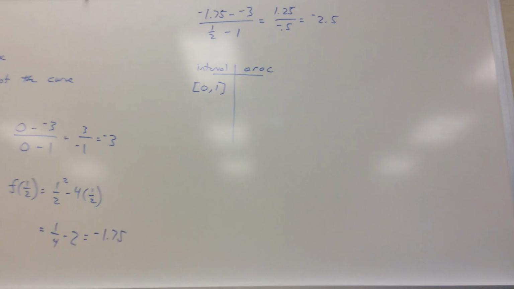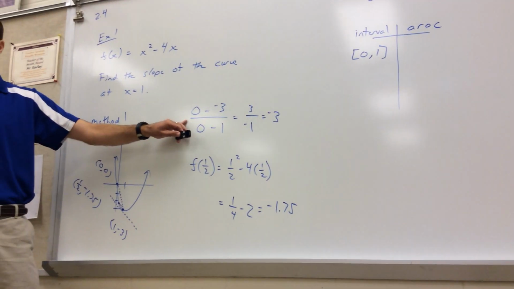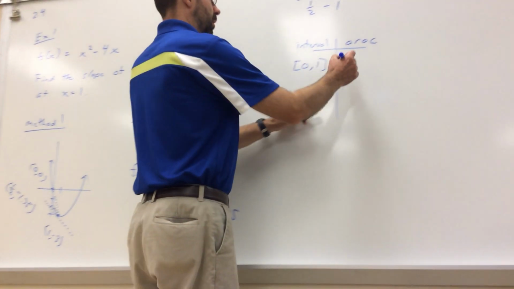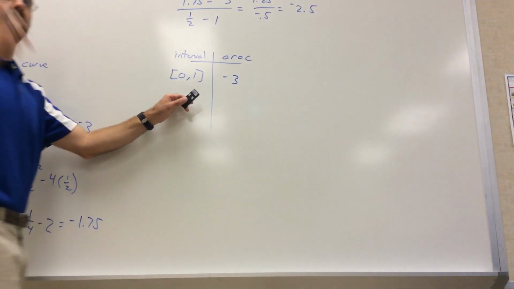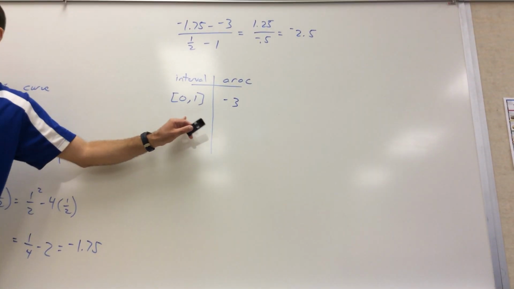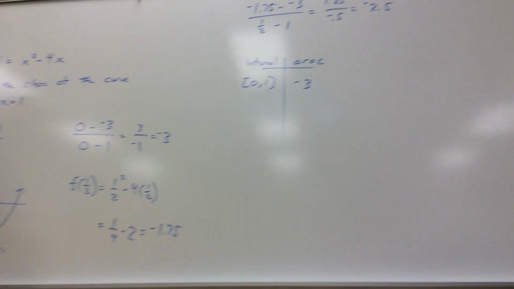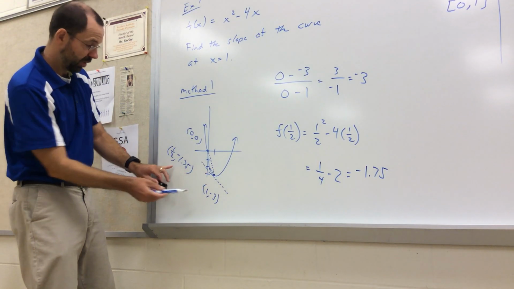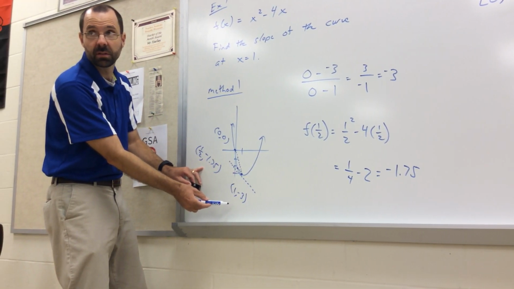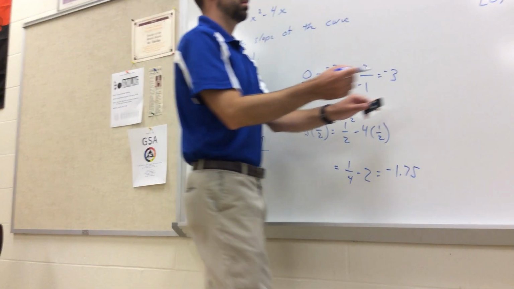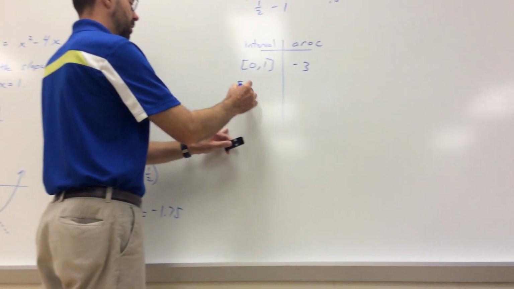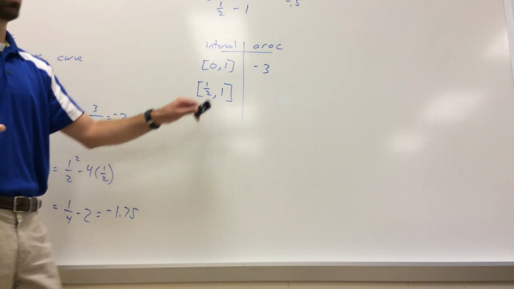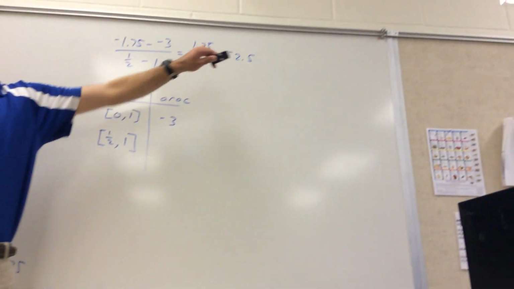And the average rate of change from 0 to 1, I calculated it right here, that was -3. Then the next interval was a half to 1. I went between these 2 points. And I calculated that average rate of change, and I got negative 2.5.